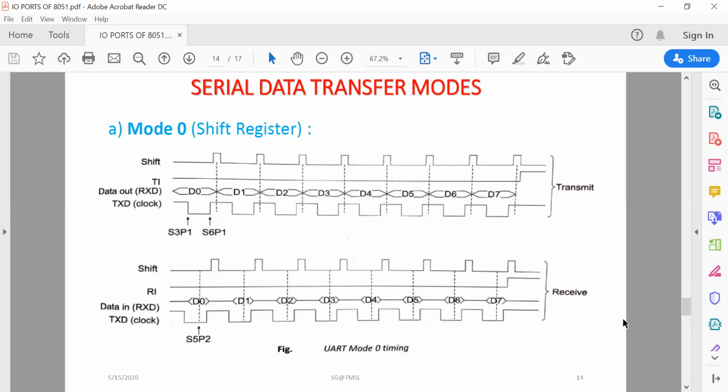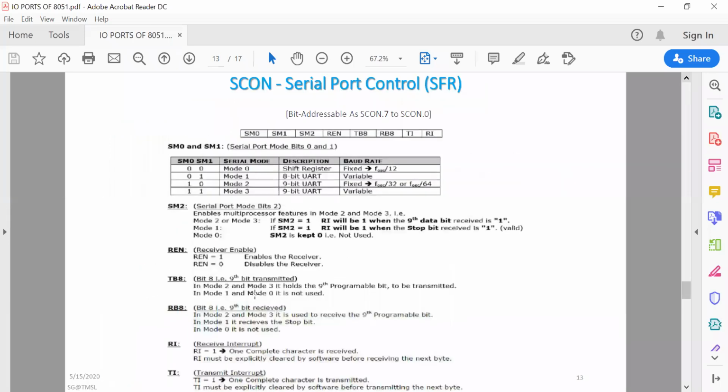And in case of reception, what happens? Data reception through the RxD pin begins when REN equals 1, the receiver enable, and RI is 0.